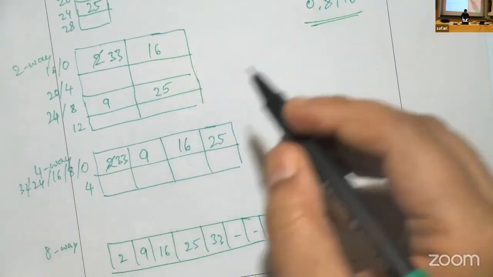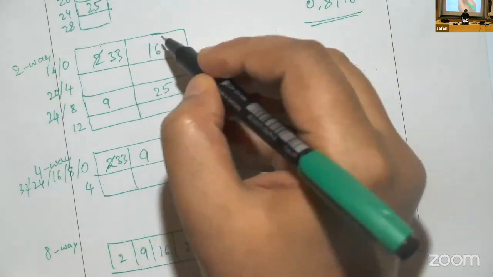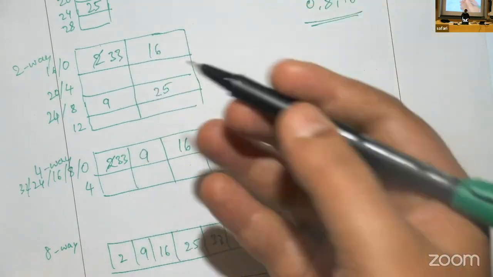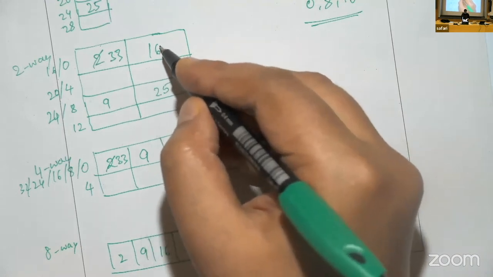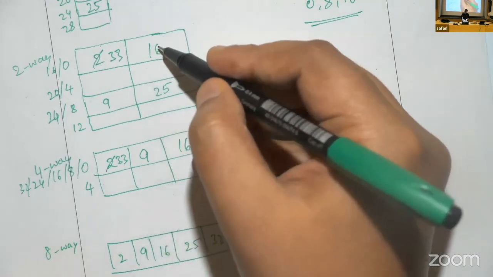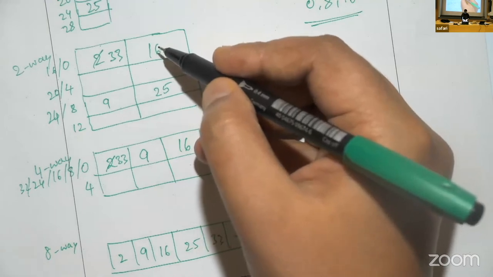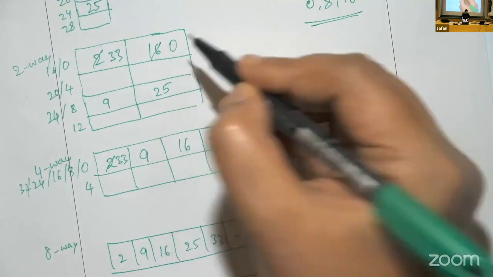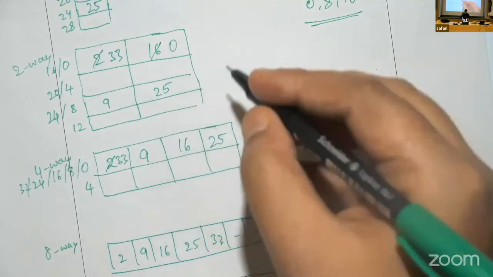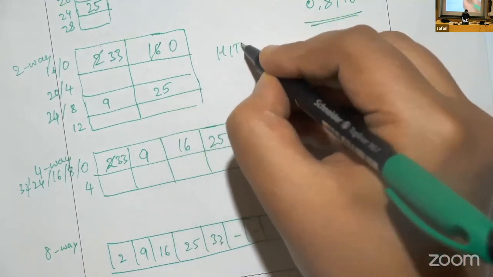So let's access 0 again. When you access 0, you replace one of the blocks here. We had 16 before, so that was the earliest access that came. So we'll replace that with 0. Which means, hit or miss?